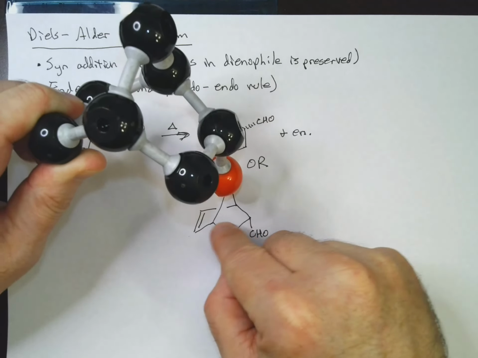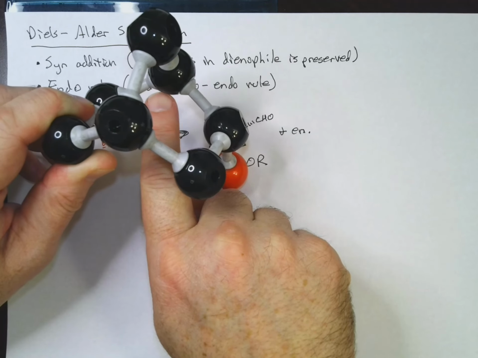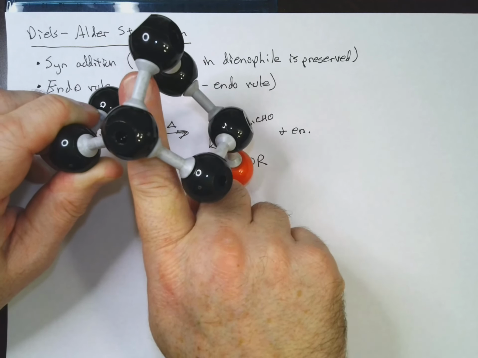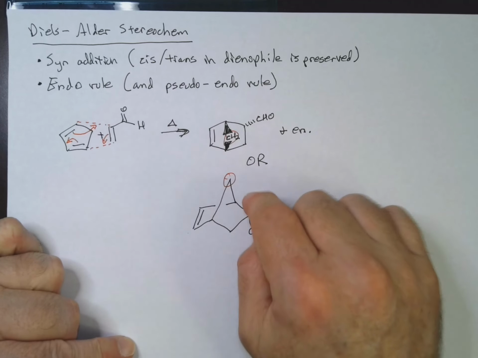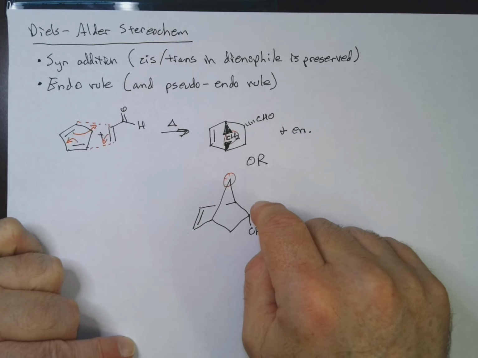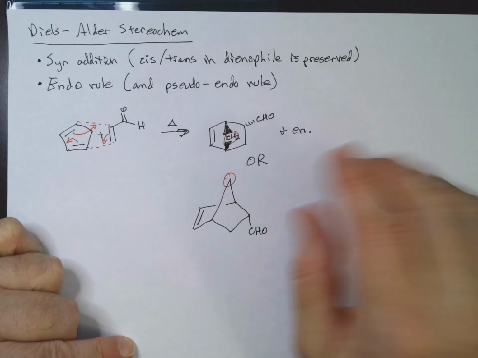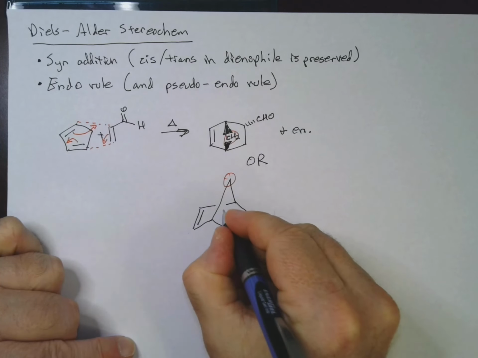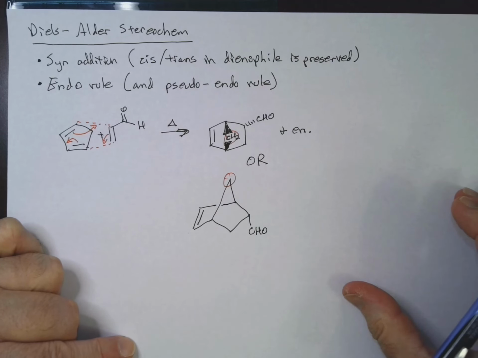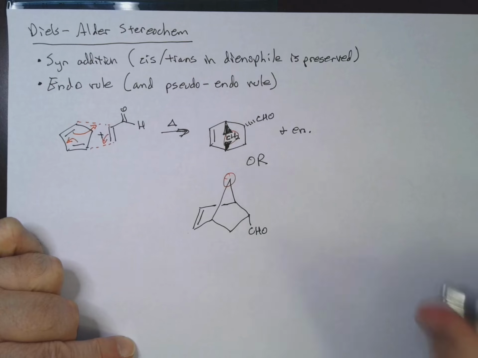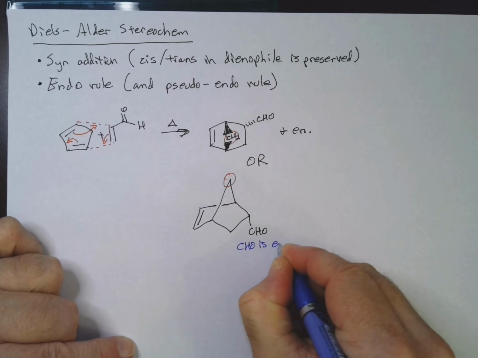Okay, and so where I have that gap there, that bond is actually this guy in the back here. It's going behind this bond here in the front. So it is helpful to be able to draw this type of fused ring, or rather bridged ring type system. I can even make that a little smaller gap there, so hopefully you guys can see that. Now this is in the endo position. So CHO is endo.